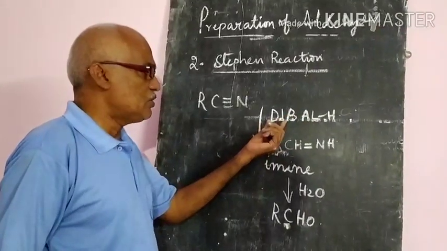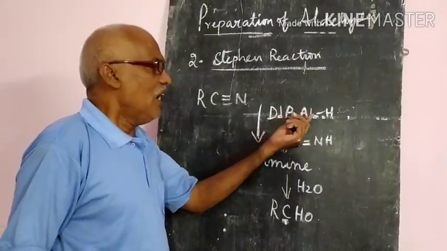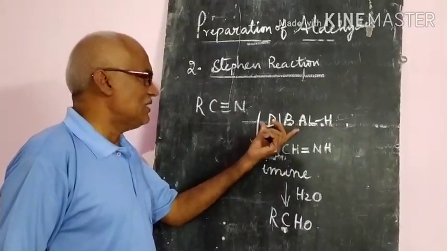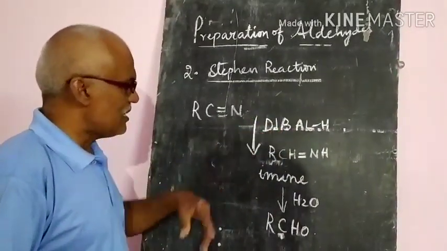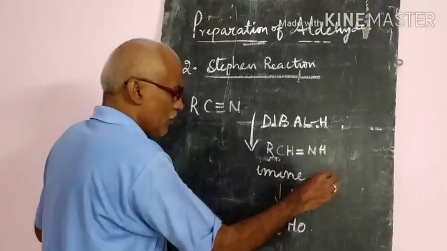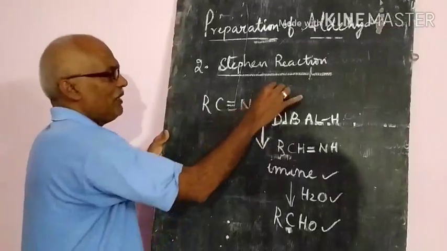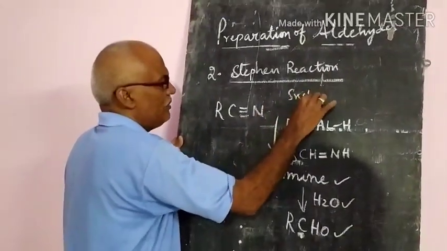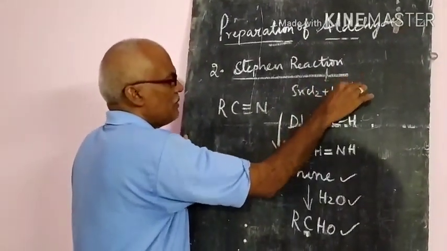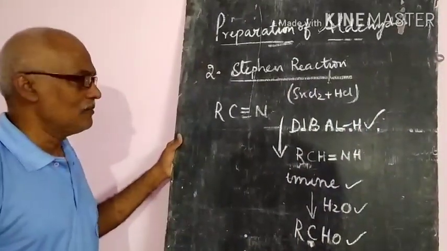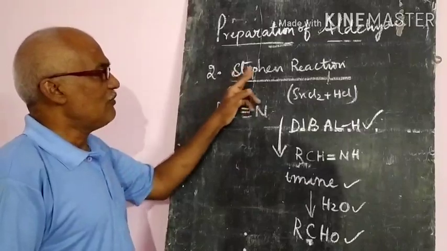That is diisobutyl aluminum hydride. It will be used as the reducing agent and will give the imine. Further hydrolysis will give the aldehyde. That means in place of the stannous chloride and hydrochloric acid mixture, we can take this as the reducing agent.